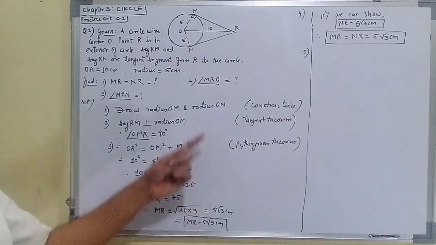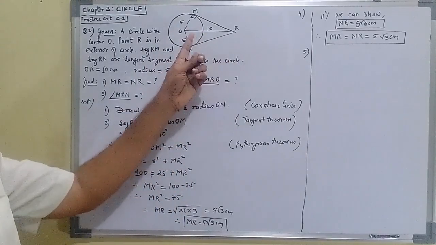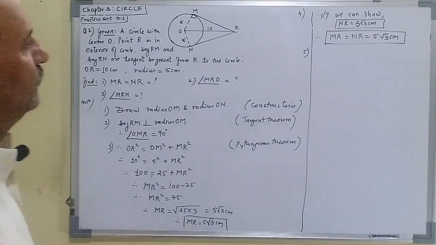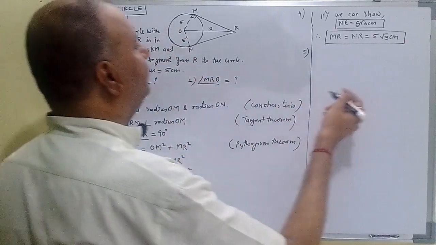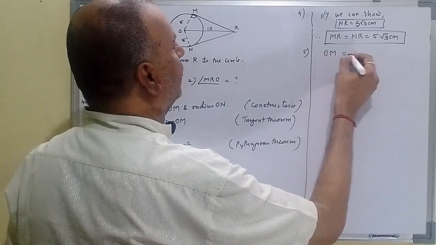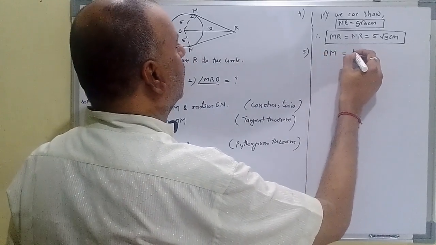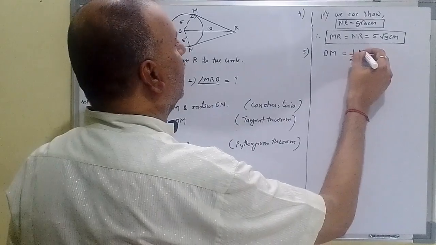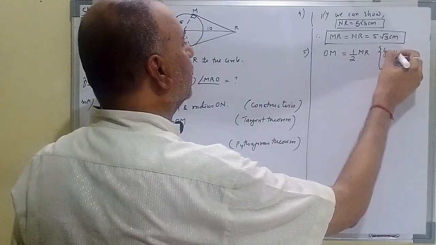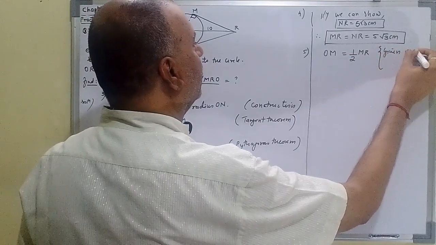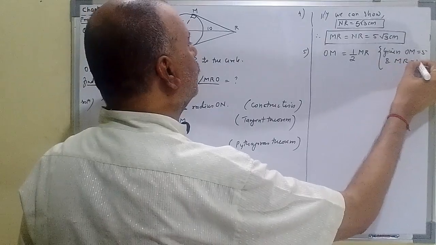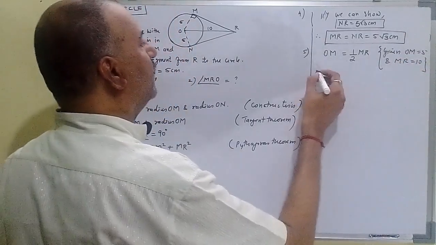Now we have to find angle MRO. Let's check this. OM equal to half MR, given OM equal to 5 and hypotenuse OR equal to 10.